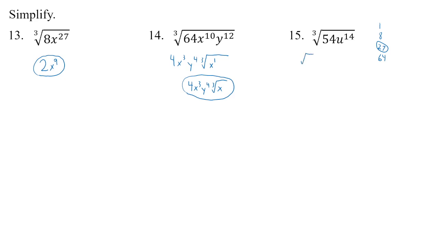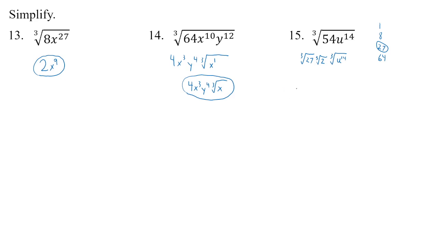So we're going to split 54 up as the cube root of 27 times the cube root of 2 times the cube root of u to the 14th.